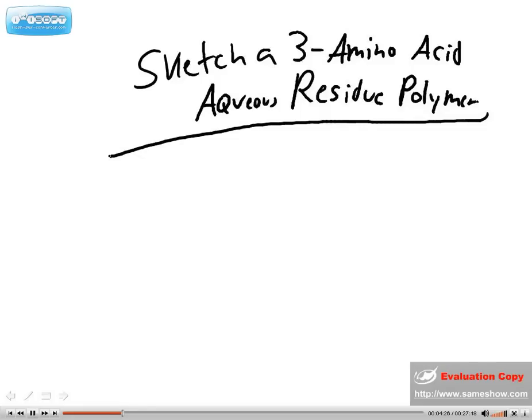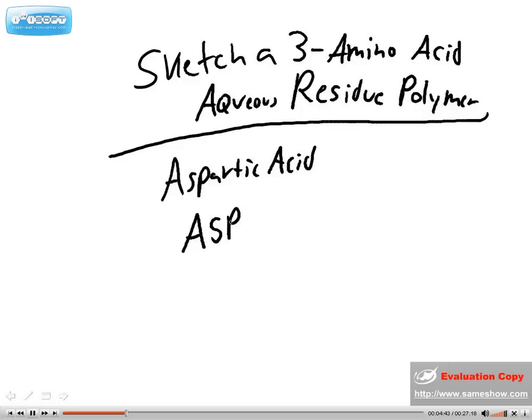Now, if you take a look back at the other slide, under aspartic acid, you'll find other symbols. You'll find ASP.